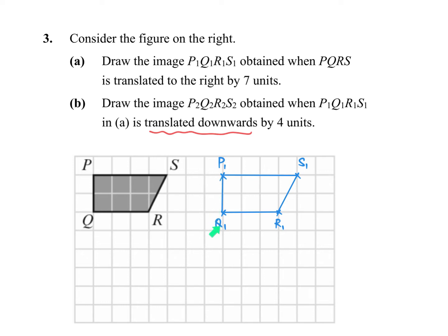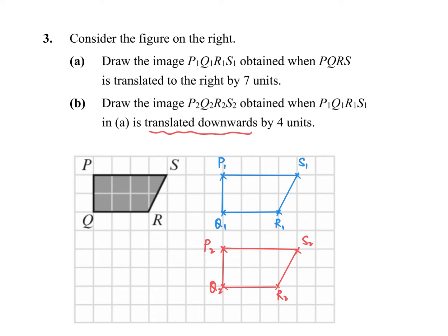First, second, third, fourth. The new position will be here, P2. And then later on, we will have Q2, R2, and then S2. Join them. By translation, the shape, the size, and also the orientation will not change.